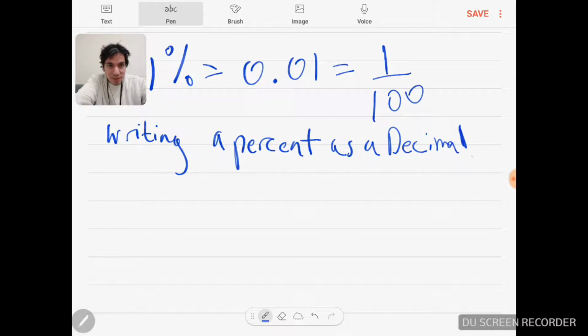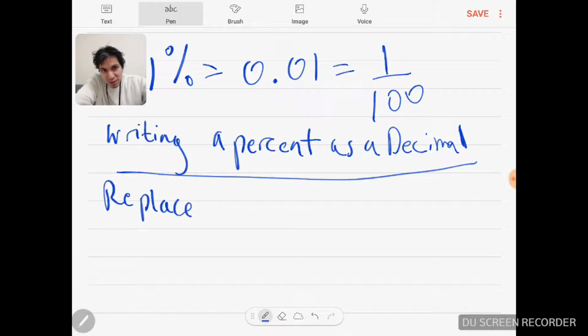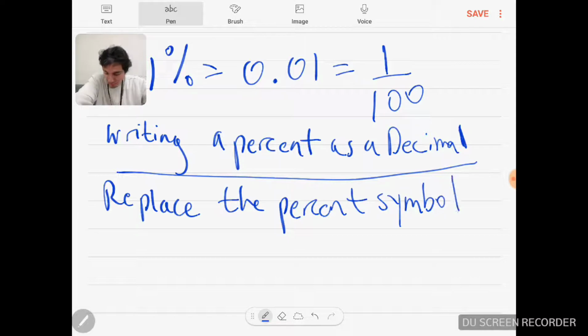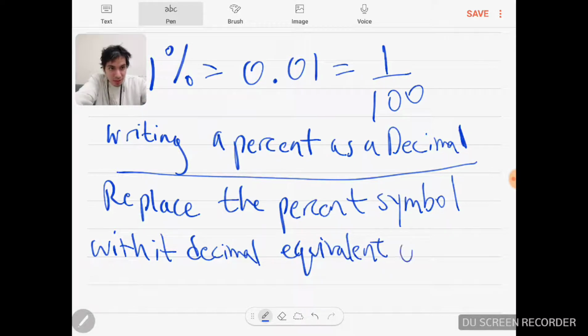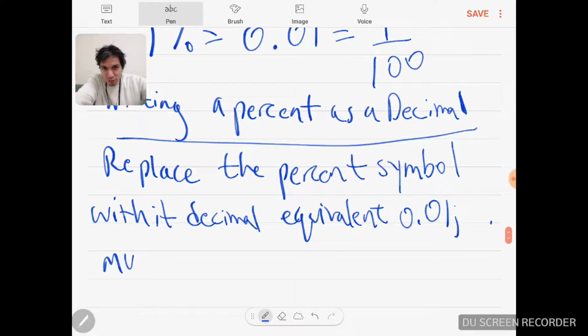The trick behind this is first you need to replace the percent symbol with its decimal equivalent, 0.01, and then you just multiply.